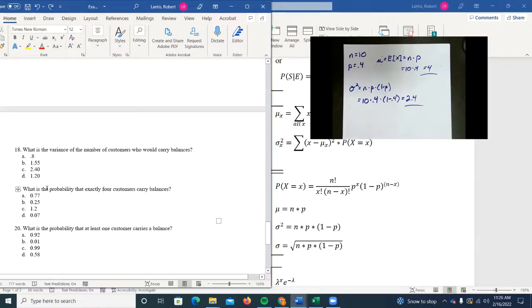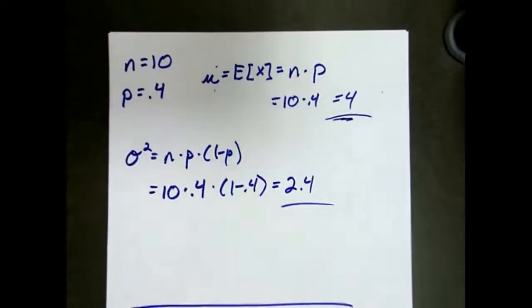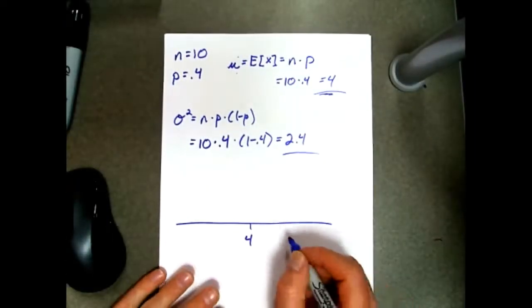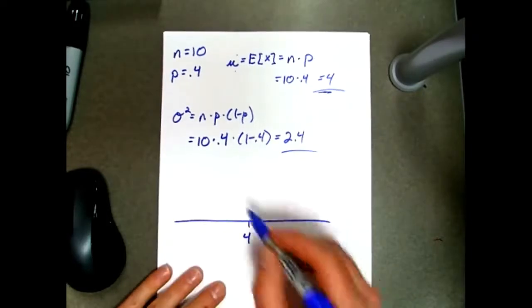If I think about it, I've already got the expected number, or the mean, of this binomial distribution. So I know that 4 is going to be the most likely outcome. It's my expected value, my mean.